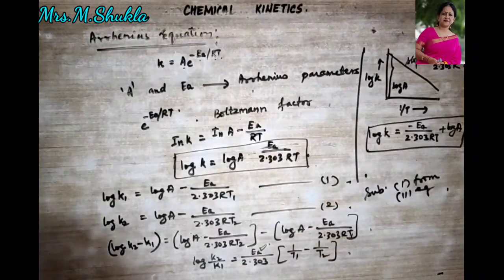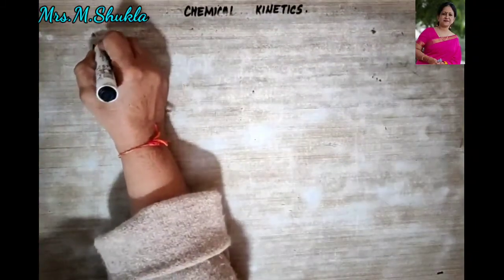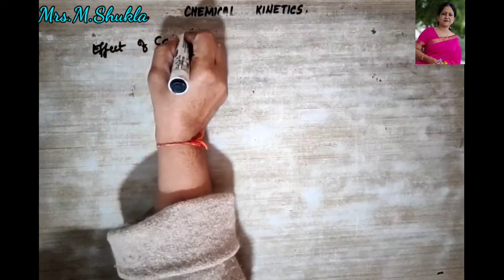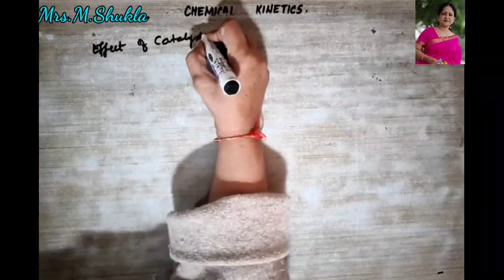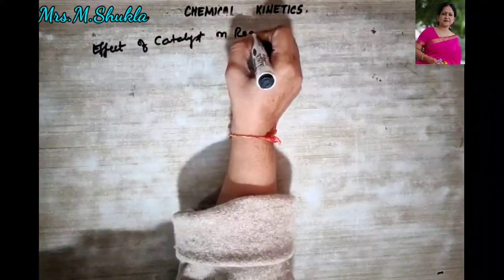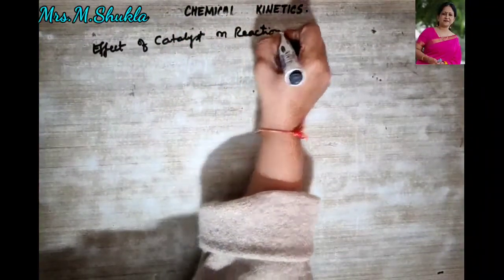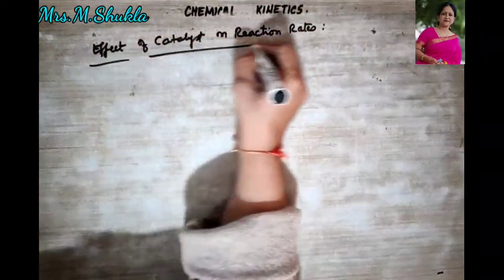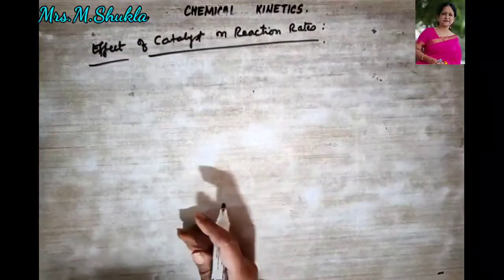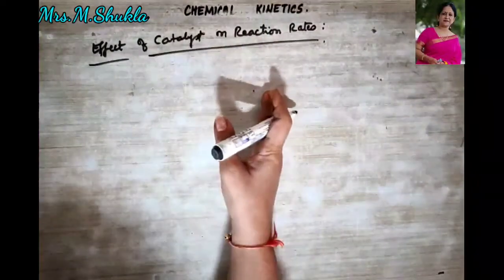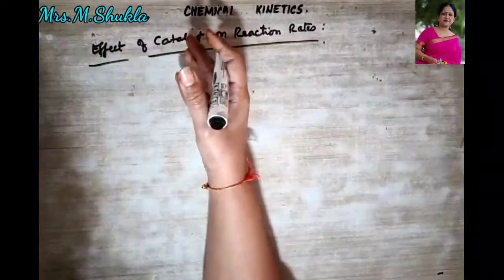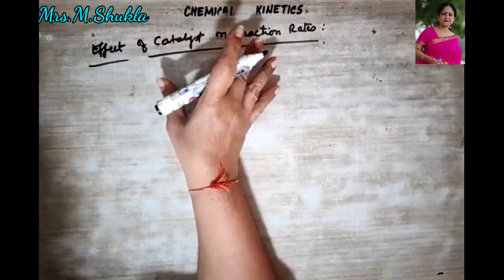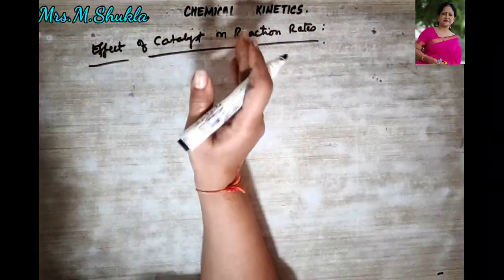Okay. Now let us understand the effect of catalyst on reaction rates. Okay. So the substances which affect the rate of reaction, and can be recovered chemically unchanged in mass and composition after the reaction, what are they called?